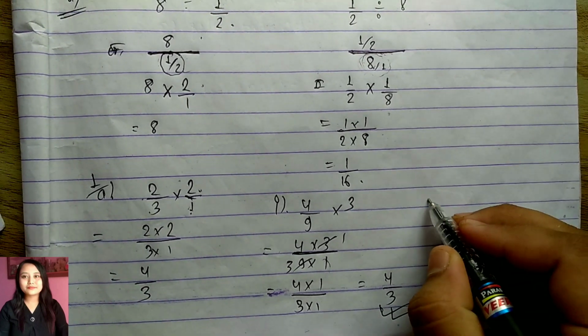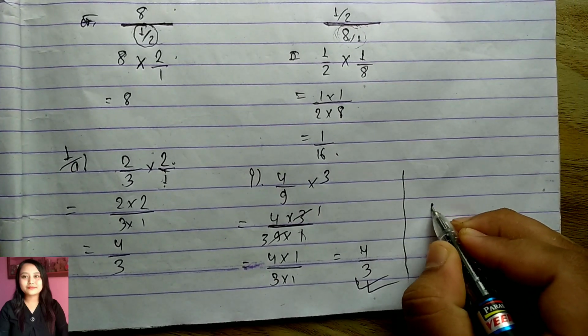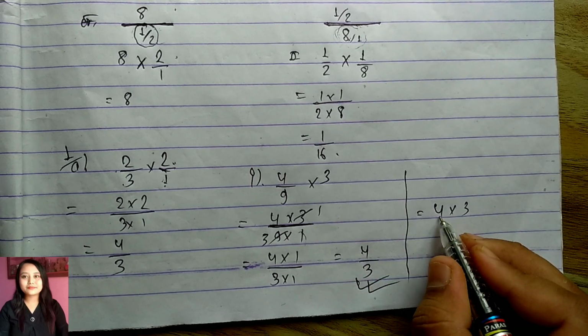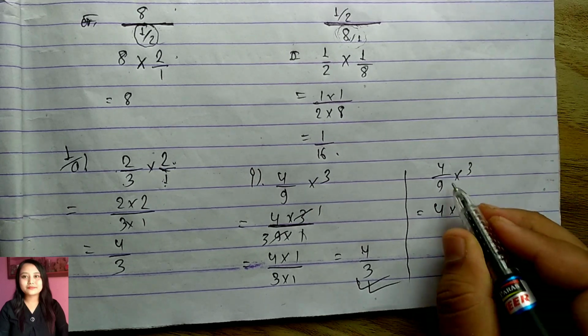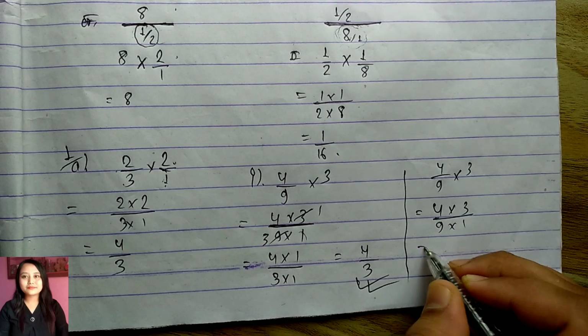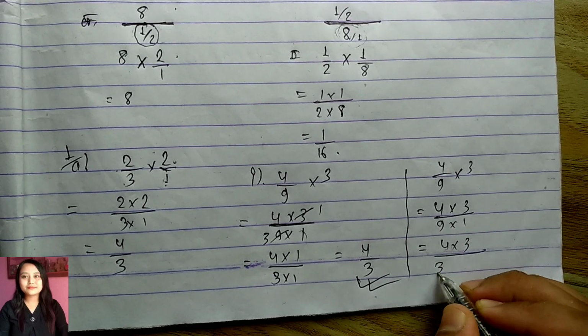Or you can do one thing like this. The alternative method can also be like this. Let me write 4 by 9 into 3. So 4 into 3 upon 9 into 1 is there, right? So what we can do? The 9 can be simplified. 3 3s are 9, right?